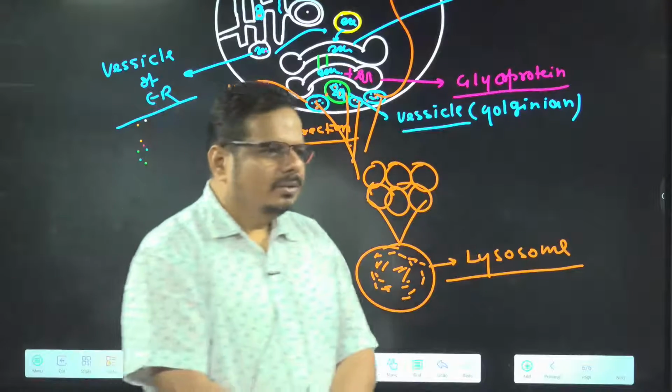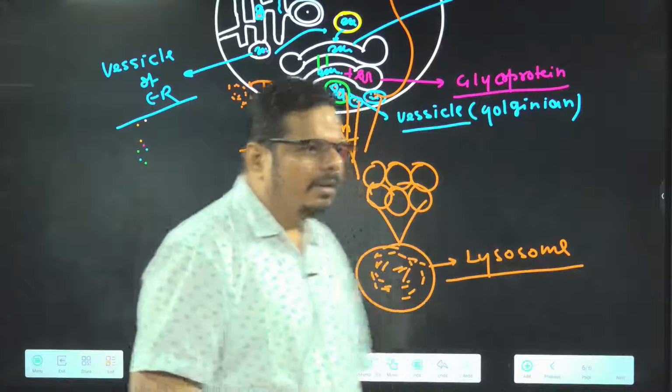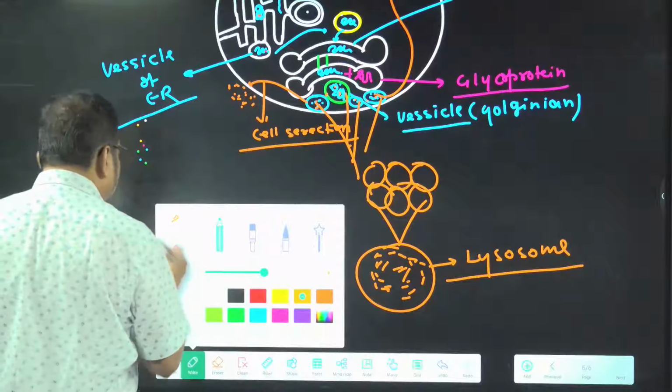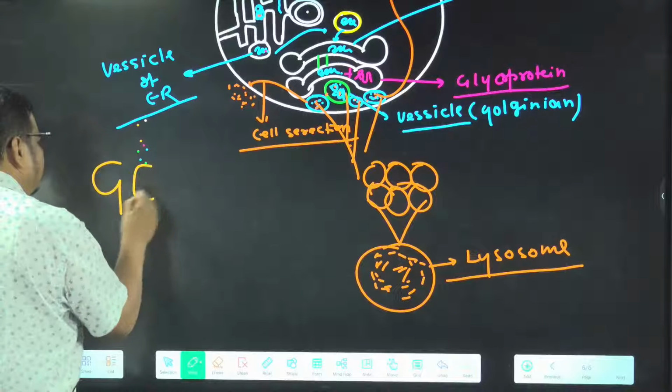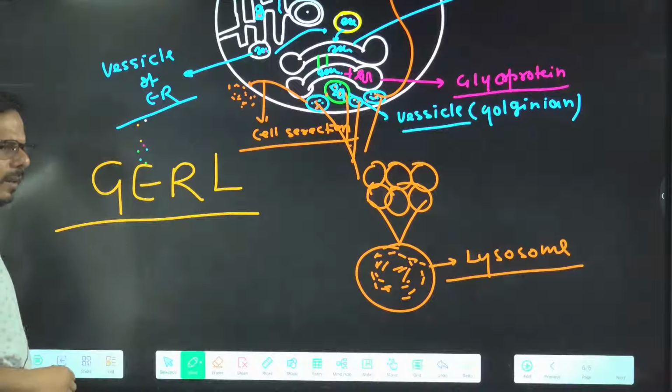Is it over? So ER, Golgi body, and lysosome are very coordinated. And that is the reason we use a term, GERL. What is the full form?